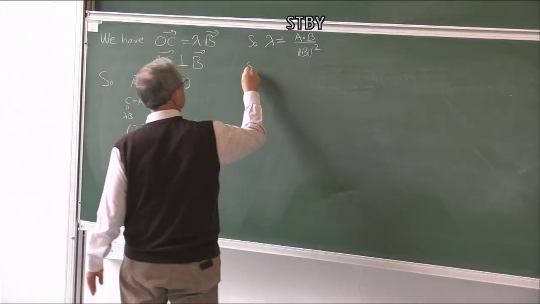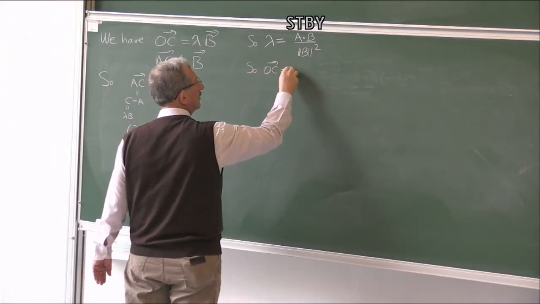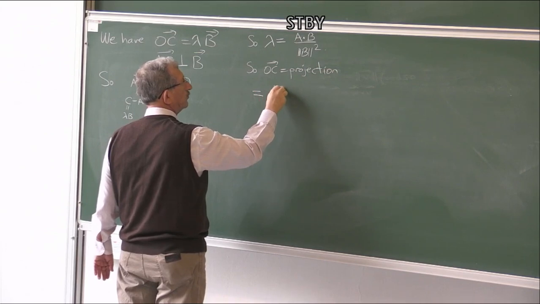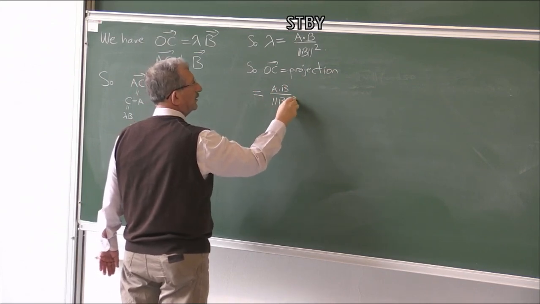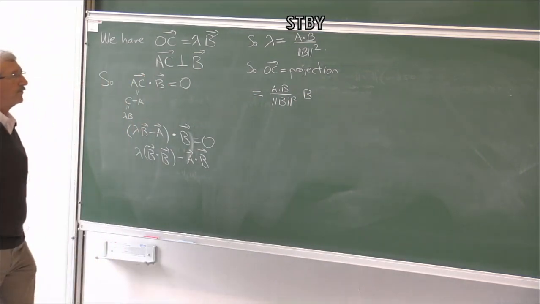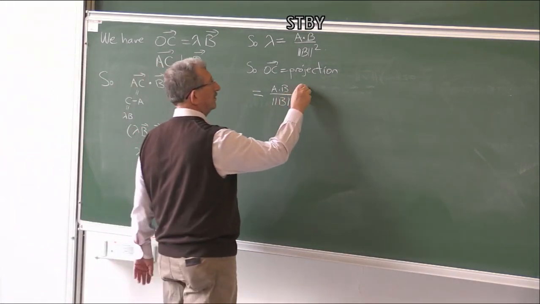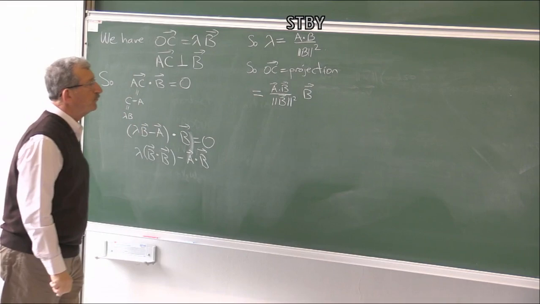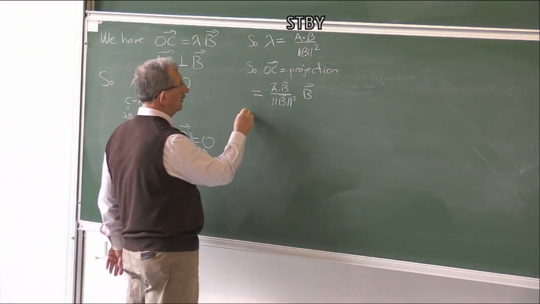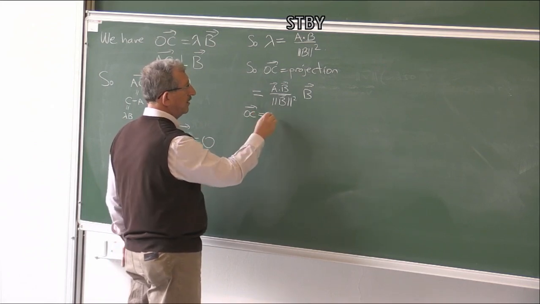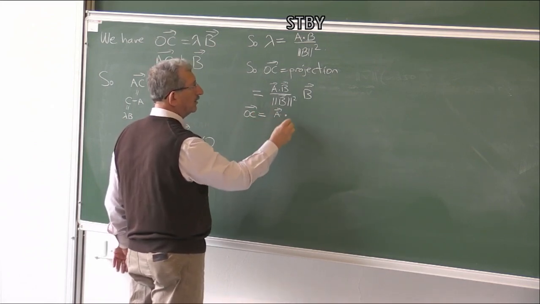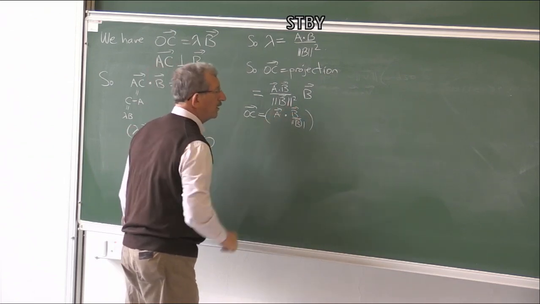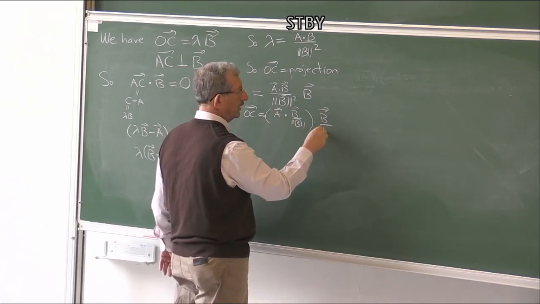This tells us the projection is actually A dot B over B squared, times B. B is the vector here, A is a vector, etc. So the projection, or C, is then A dot product B over length B times B over length B.